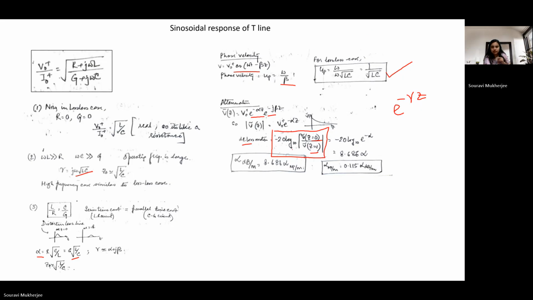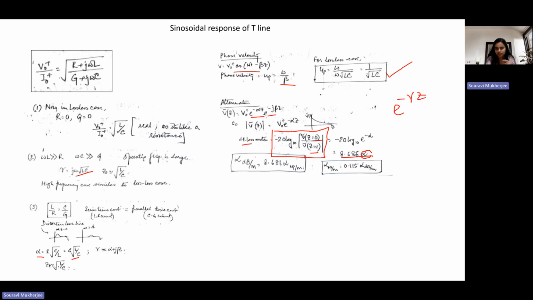So this is dB per meter, and this is the conversion factor. And this alpha here is in natural terms, right? So when you just take the ratio, you get the natural terms, and then you can multiply by this factor to get your loss in dB.